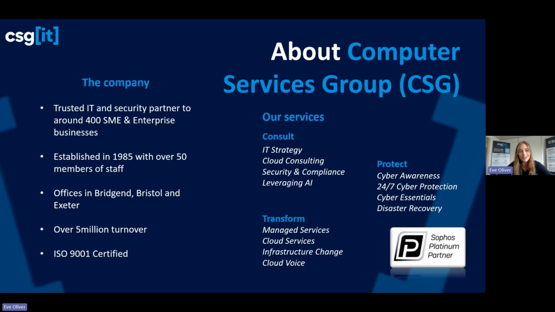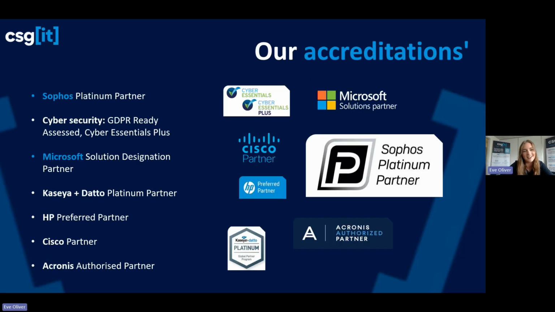We cover offices in Bridgend, Bristol and Exeter, so we work with companies across the UK, and we are of course ISO 9000 certified, and we have other certifications which I will cover in the next slide.